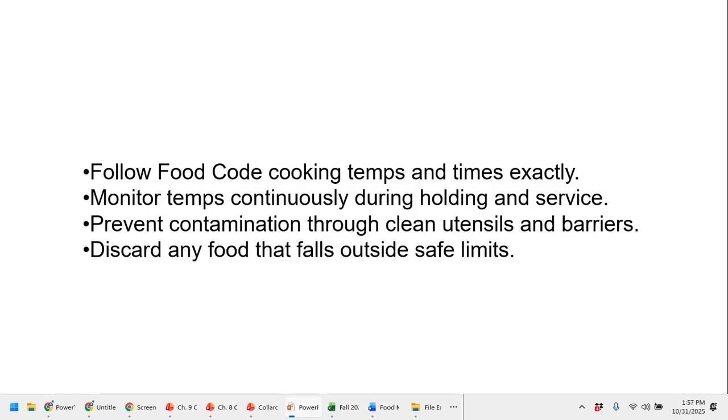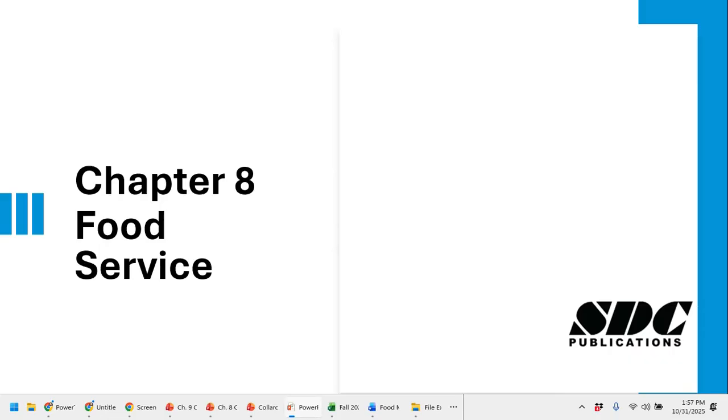We don't stray away from it, and as long as we do it exactly every time, it's hard to poison people. We monitor temperatures continuously during hot holding and service and cold holding and service. Prevent contamination through clean utensils and barriers in between things like sneeze guards. Discarding any food that falls outside of safe limits. It's not worth risking. That's chapter 8.